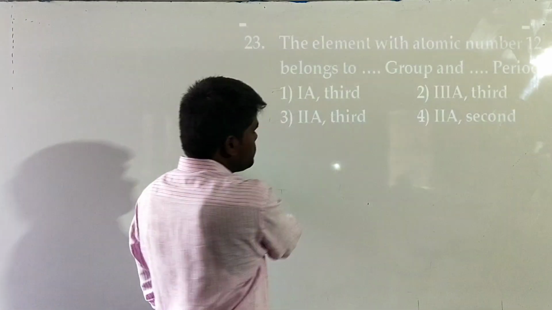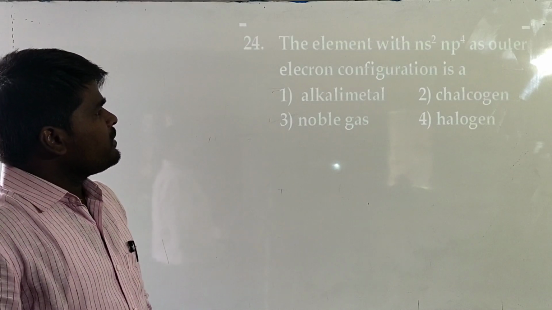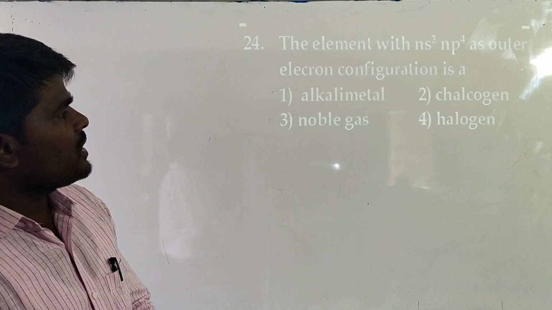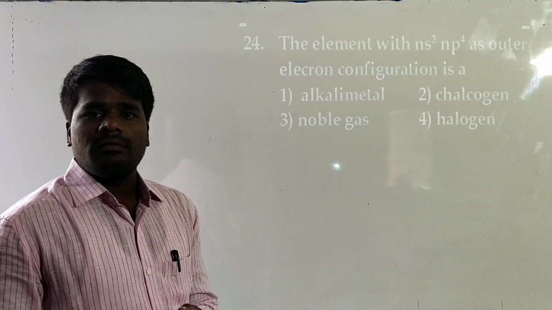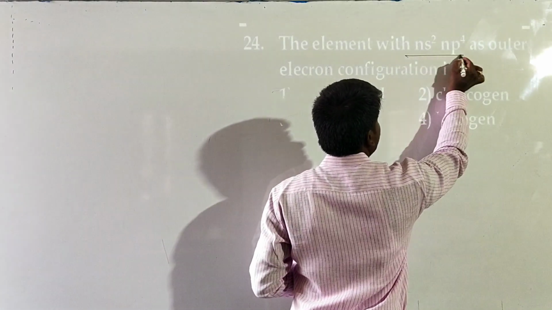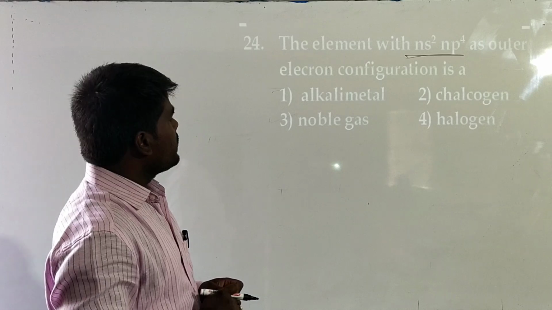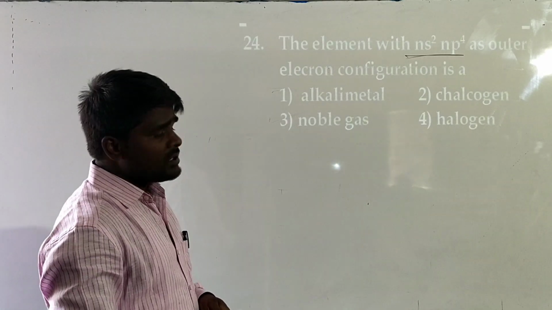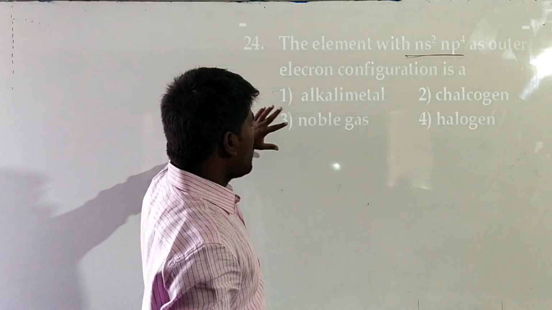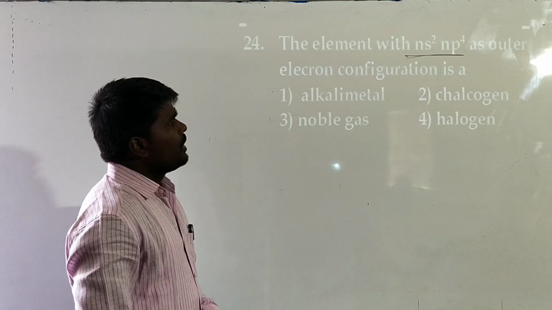Now, let us move to another question. The element with ns2 np4 as outer electronic configuration is a. He has given the general valence electronic configuration, ns2 np4. This general valence electronic configuration belongs to either alkali metals, halogens or noble gases. Now let us see.